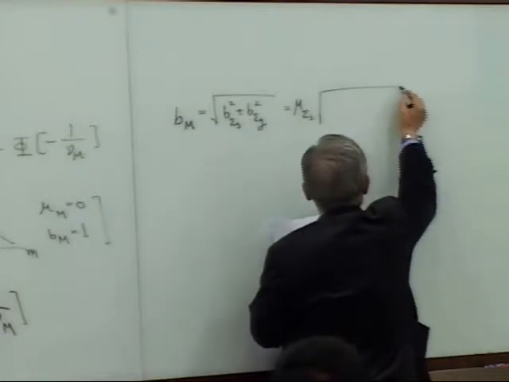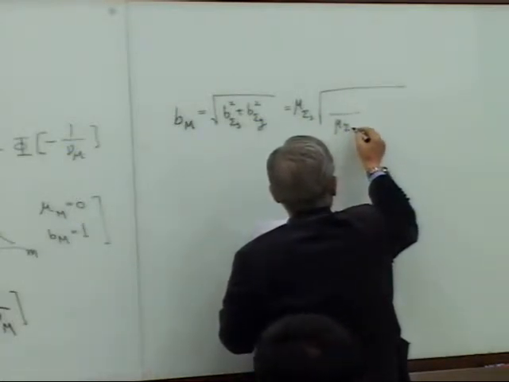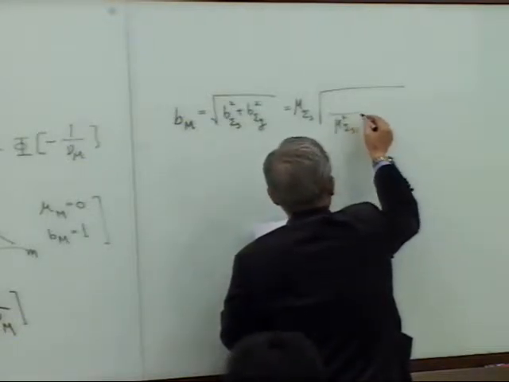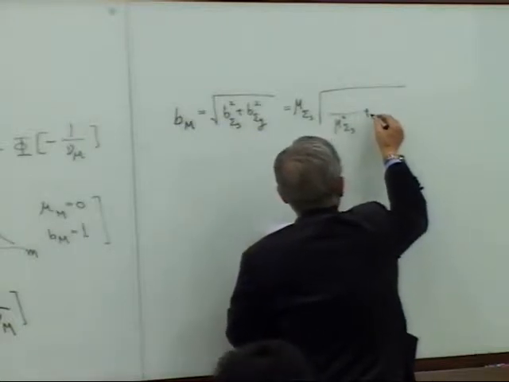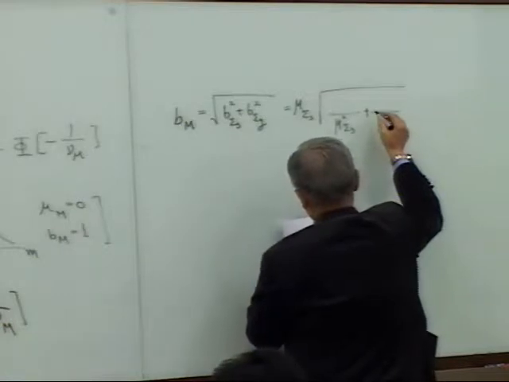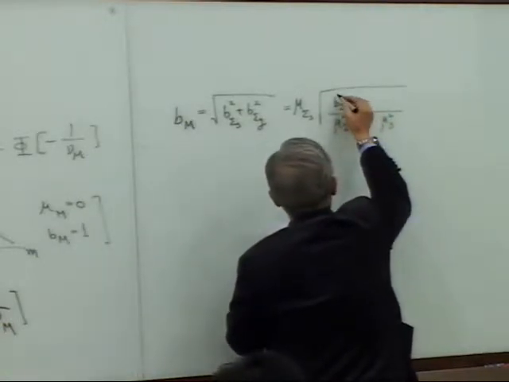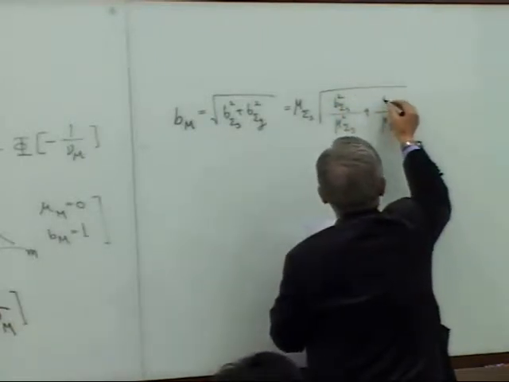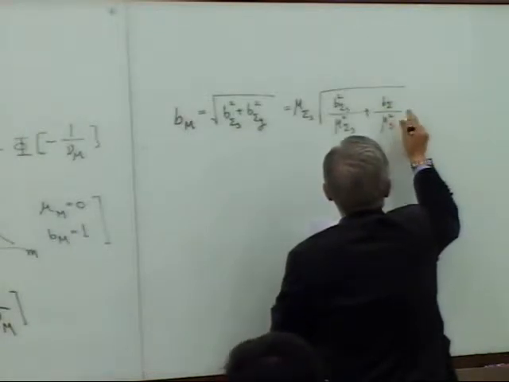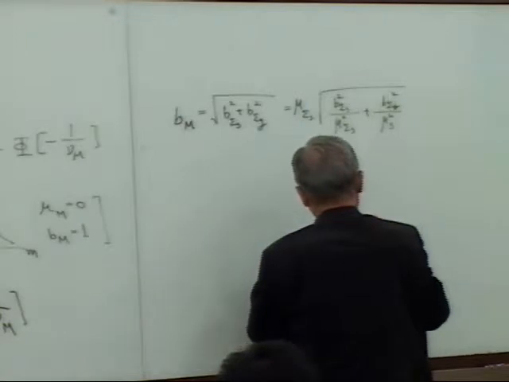Take out this guy, then you have to divide it by this guy and square, plus sigma S square, B sigma S square, B sigma Y square.